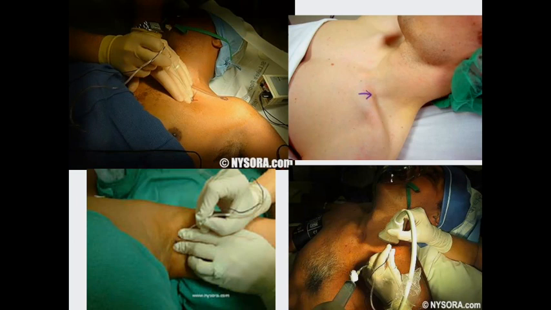If the movements are correct and satisfactory, then the local anesthetic is injected. I mean correct, because depending on which nerve you want to anesthetize, which part of the block, the reaction of the hand will be different.